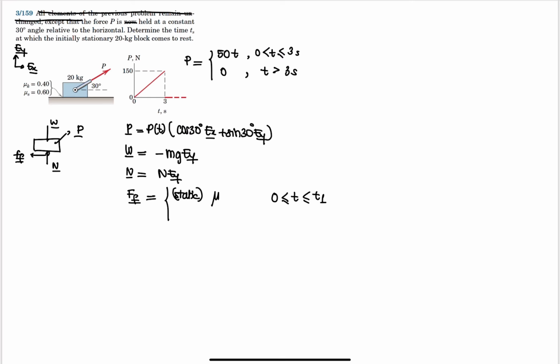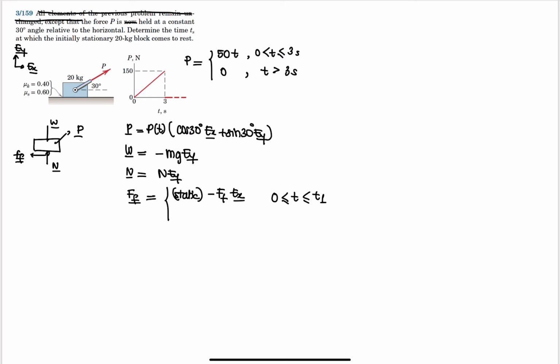We can assume that it has some direction, some value along minus Ex. I'm putting minus Ex just because I drew it to the left like this, but really we will solve for this scalar Ff, and if it's positive, it's positive, and if it's negative, you have to flip the direction. It corrects itself.